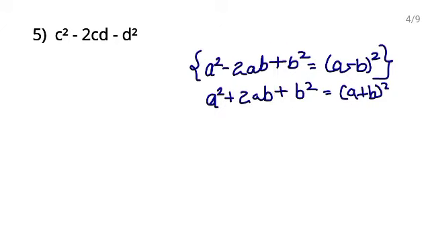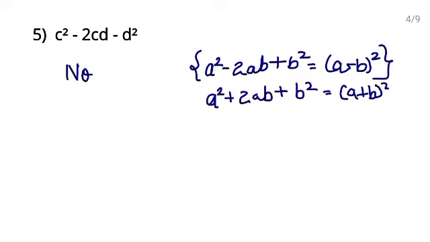But in the question we have a minus sign here. In both identities this can be plus or minus, but this always remains plus. So this is not the trinomial square.